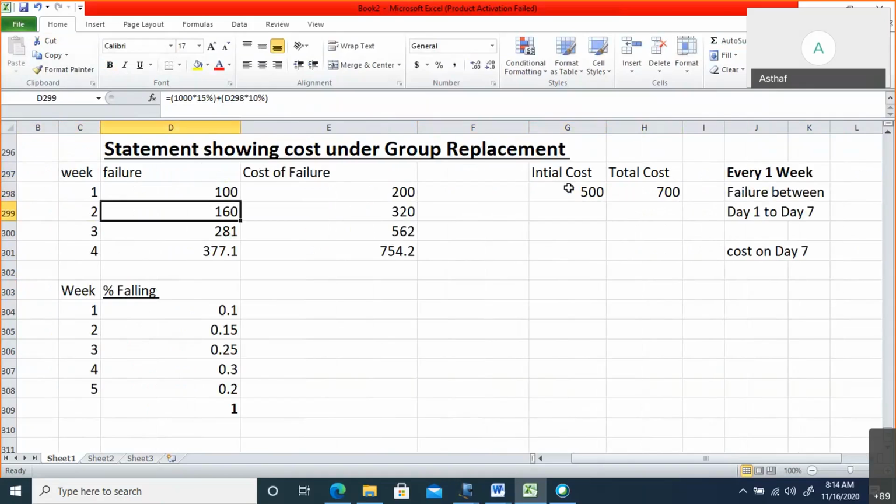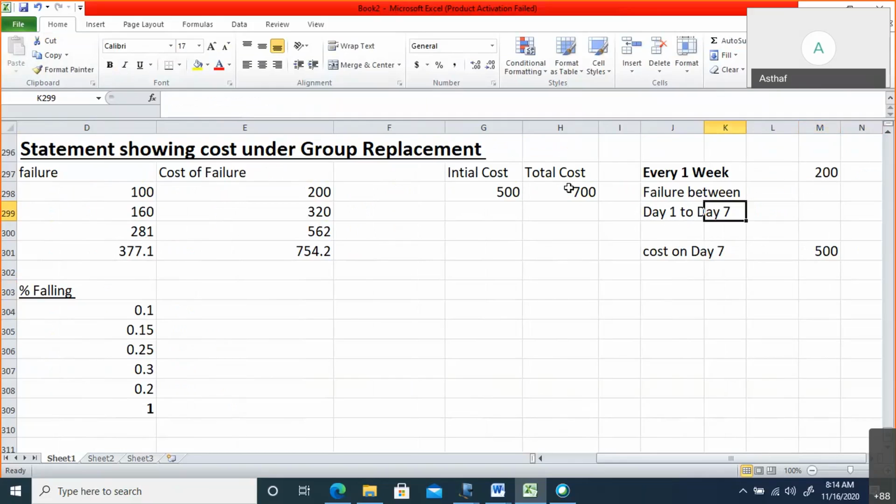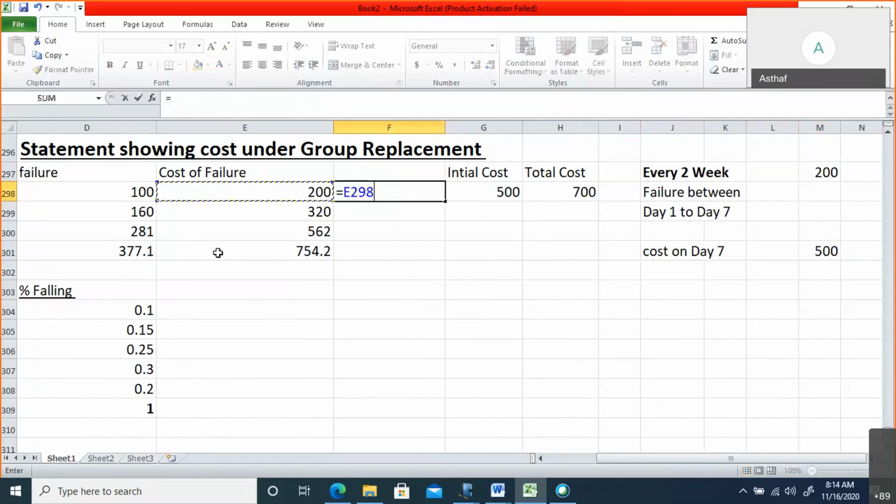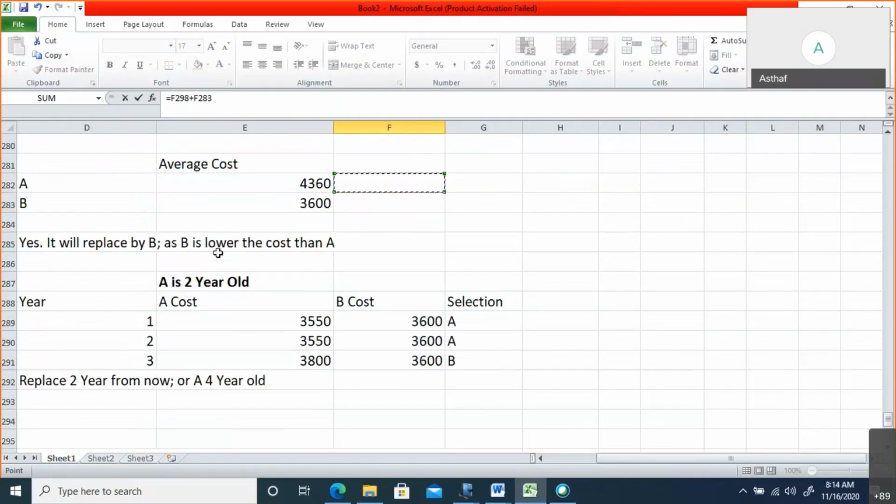Now we are doing every 2 weeks. Every 2 weeks, the same heading will change slightly. If it is every 2 weeks, week 1 failure plus week 2 failure, that is the 14th day only when you will do it. So for that purpose we will go with a cumulative.